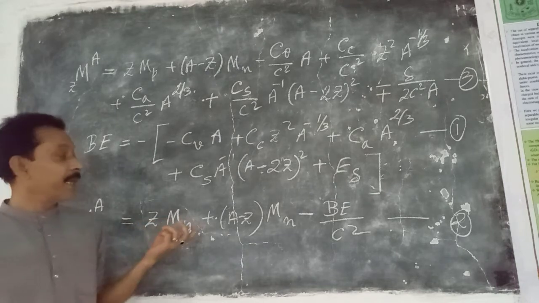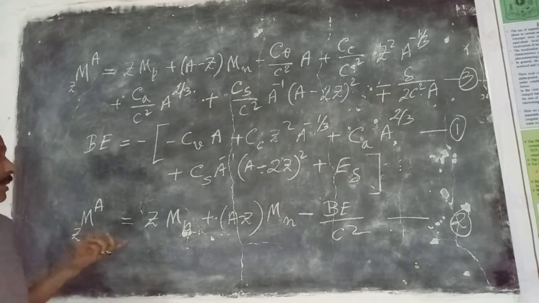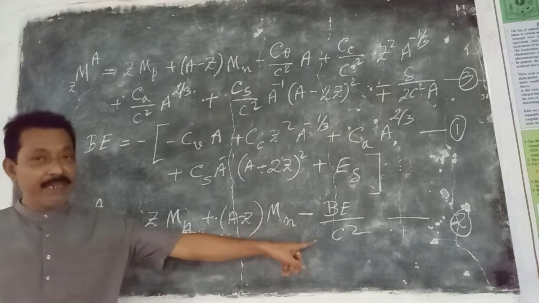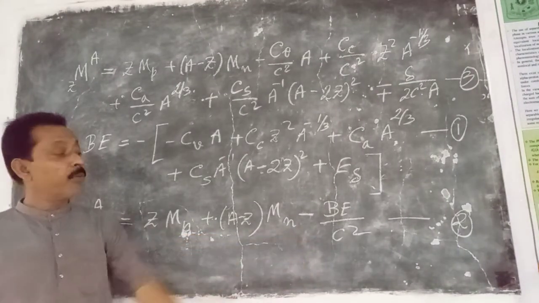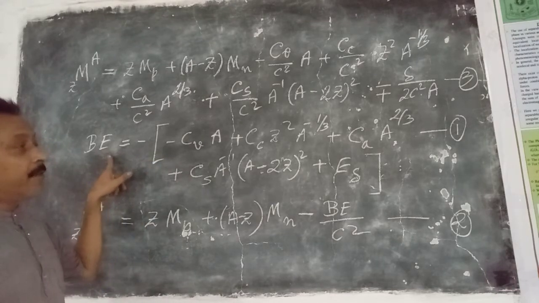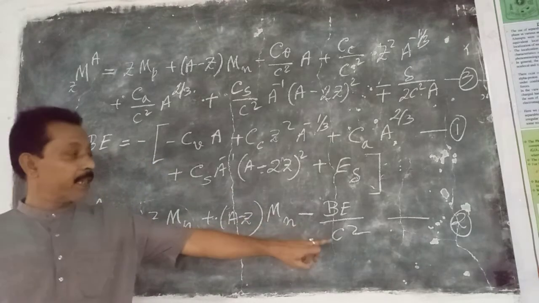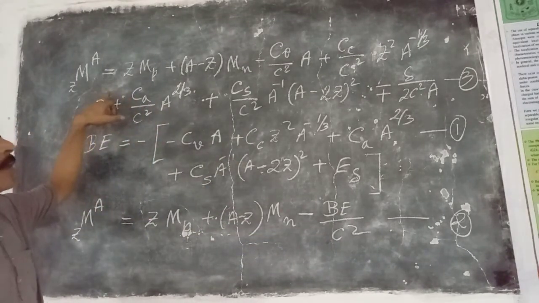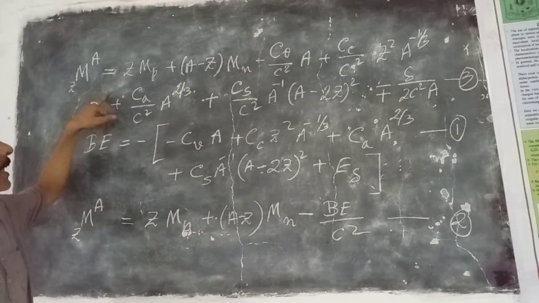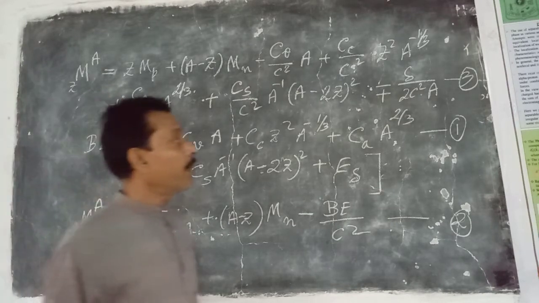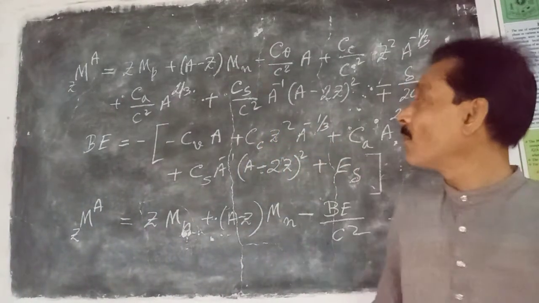Now, the standard binding energy formula may be written in this form, where the atomic mass is described by this equation. If one puts the expression of the binding energy from equation 1 in equation 2, then one gets equation number 3.